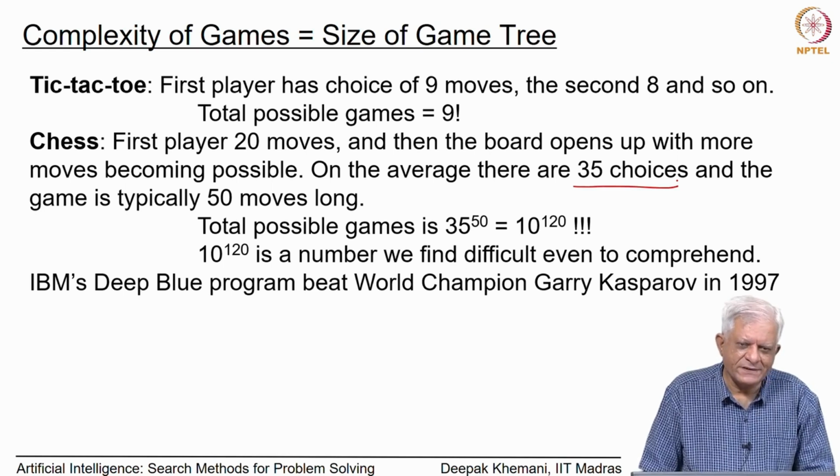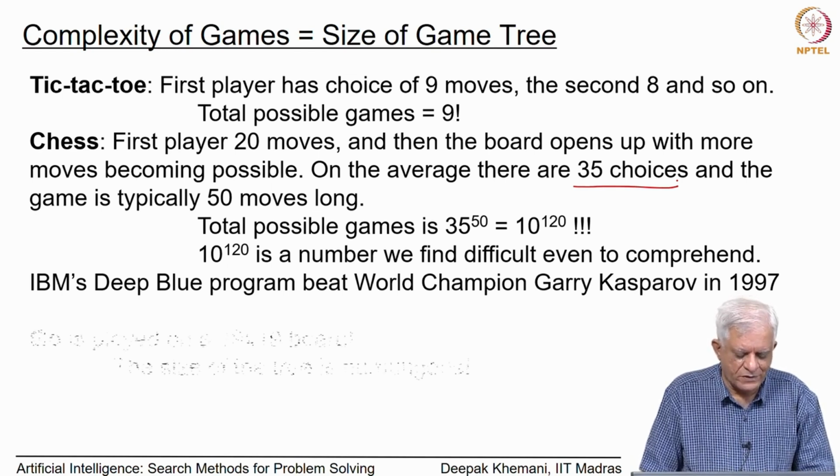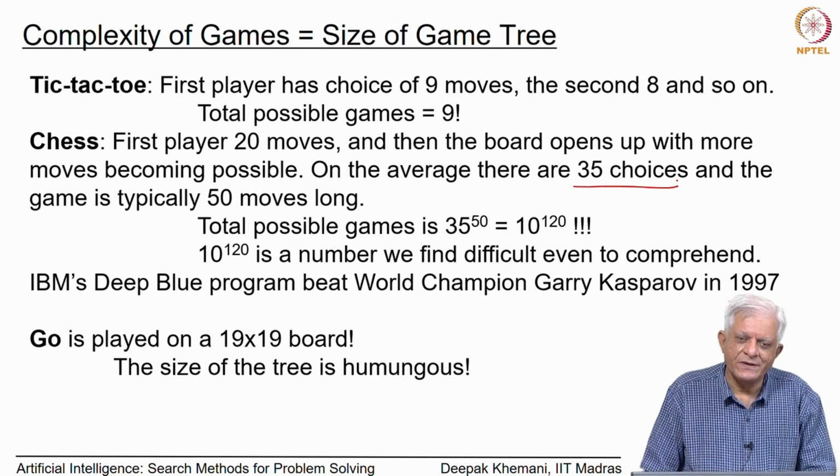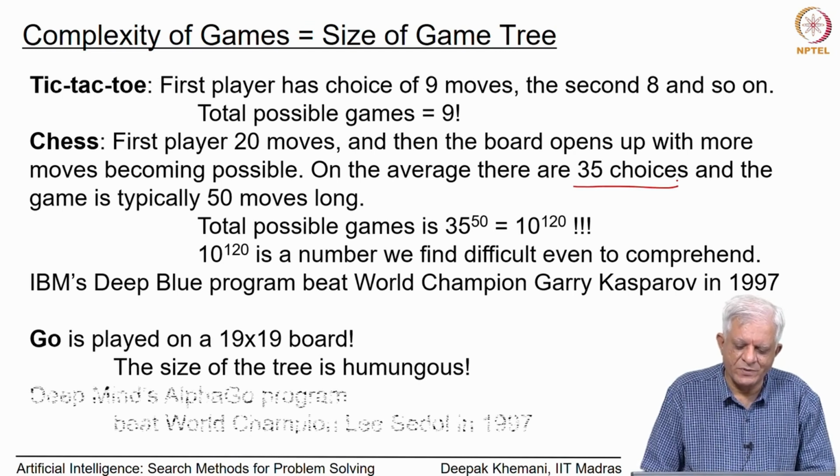Now, the next board game which for many years was considered to be difficult for machines to tackle was Go, because Go was played on a 19 by 19 board.